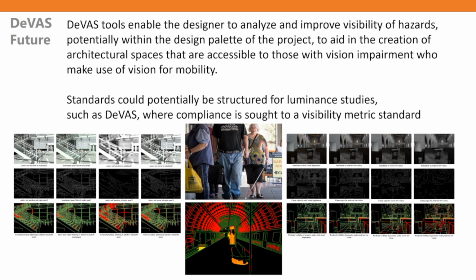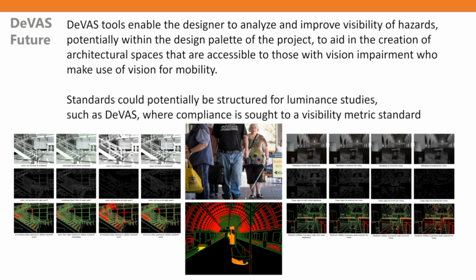So the DeVAS tools enable the designer to analyze and improve visibility of hazards, potentially within the design palette of the project. That's the key to success with architects, to aid in the generation of architectural spaces that are accessible to those with vision impairment who can make use of their vision for mobility.